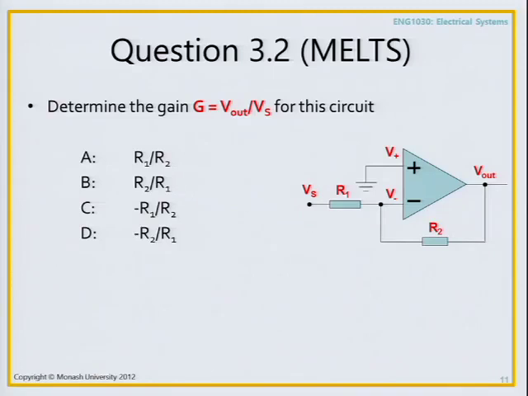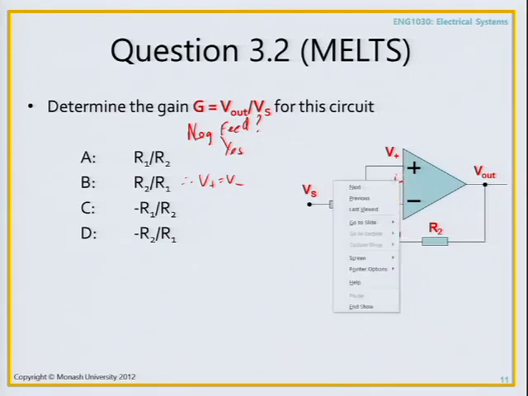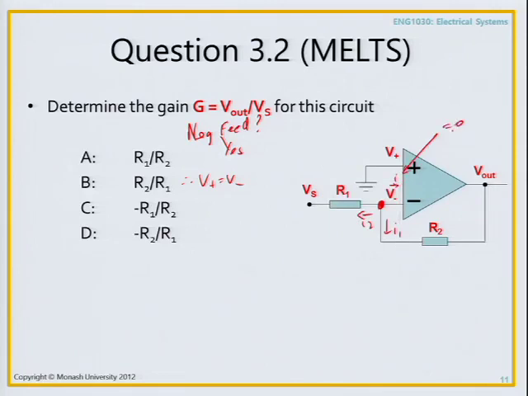Okay, so what do we do here? The answer comes from, okay, so what are the two facts we know? Is it in negative feedback? Yes. Therefore, V plus equals V minus. Good. Then there's really only one interesting node here, right? This one. So you've got I1, I2, I minus, and we know that I minus is equal to 0.